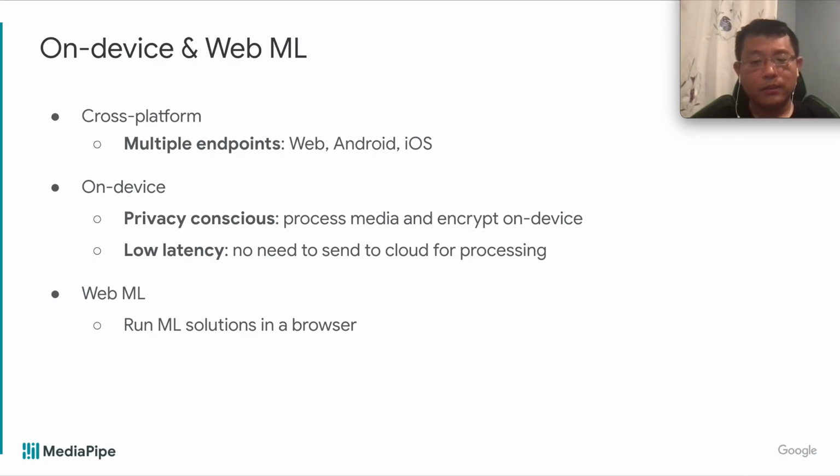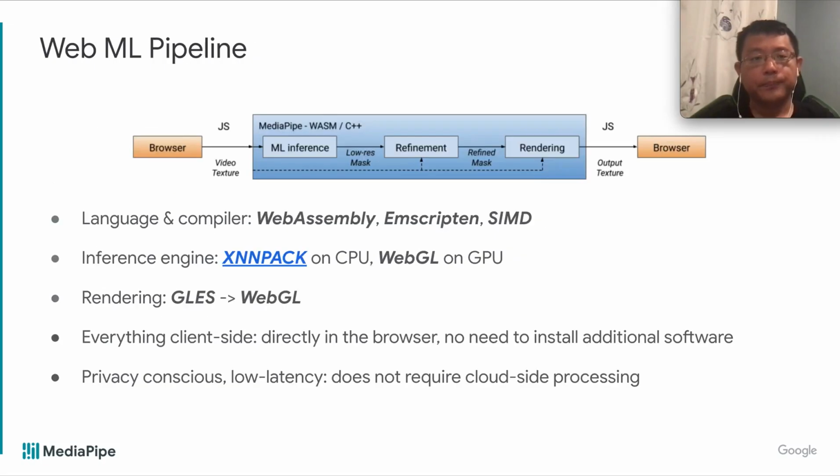Given web is the major endpoint of Google Meet, we build our solutions on device with the focus of WebML pipeline. This figure shows our WebML pipeline. Within the browser, everything runs in the sandbox environment.